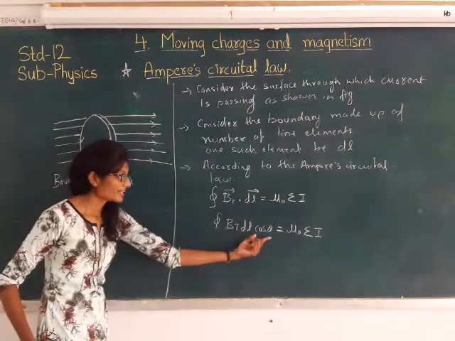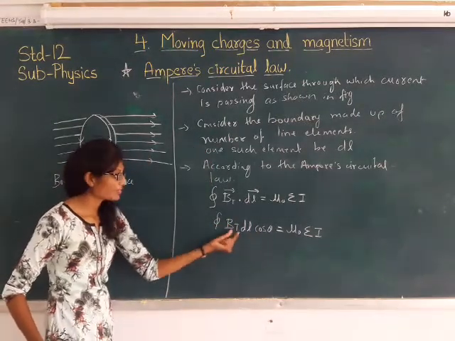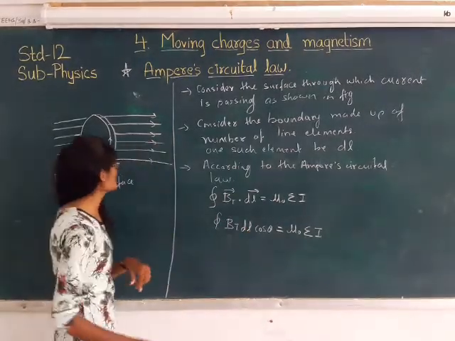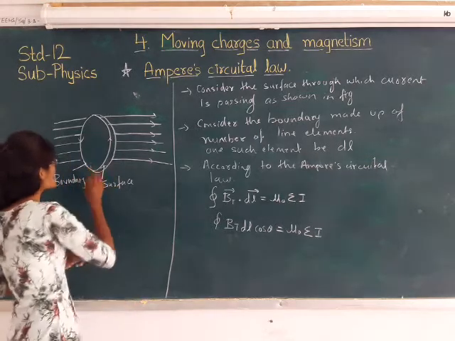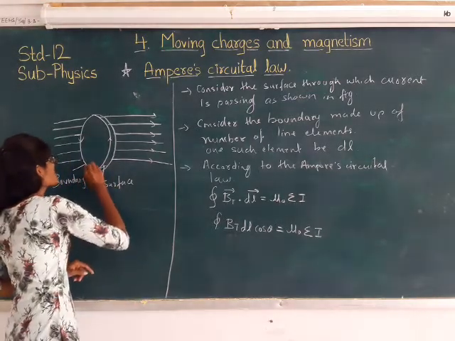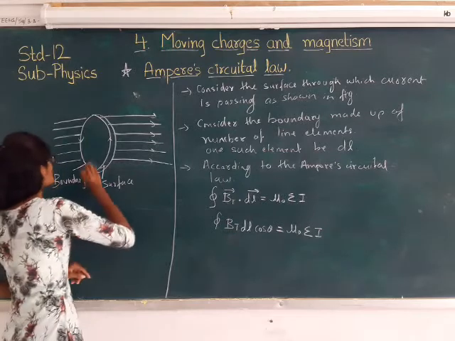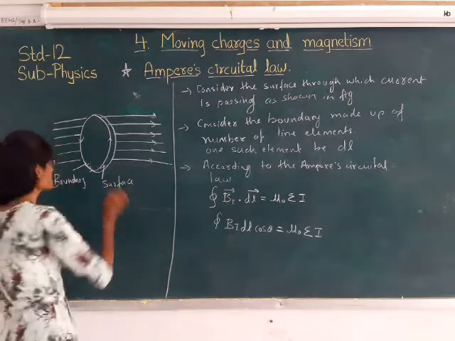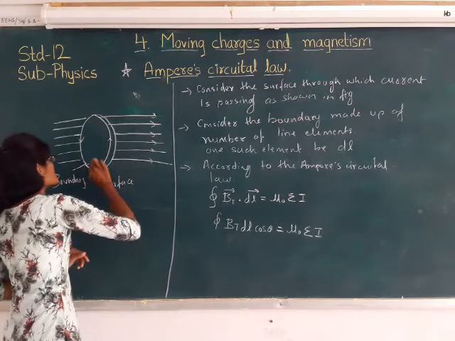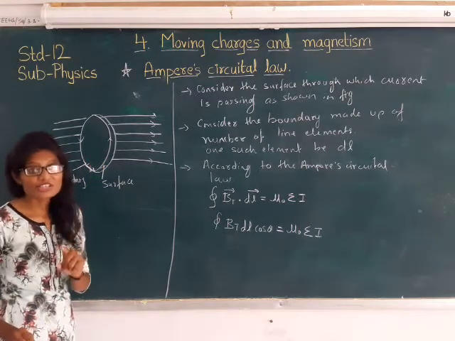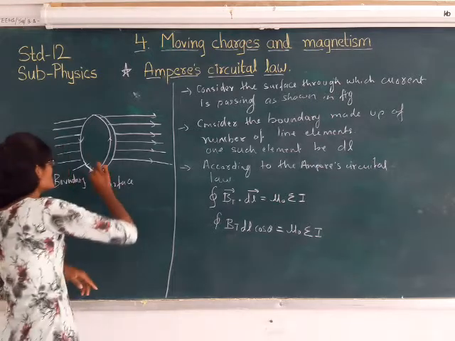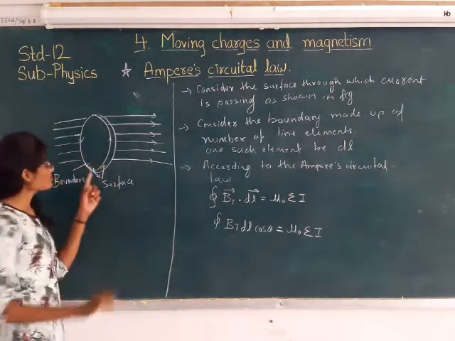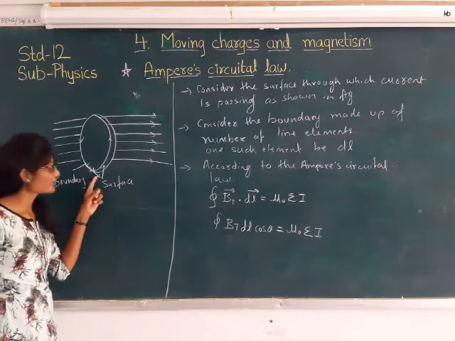Okay. Now theta, that is what? It is the angle between the tangential component of the magnetic field and this length element. Now see, suppose we are taking this much of length, right? If it is in this direction, because it will always be in the direction of the current, then the tangent made from this will be the tangential component of the magnetic field.